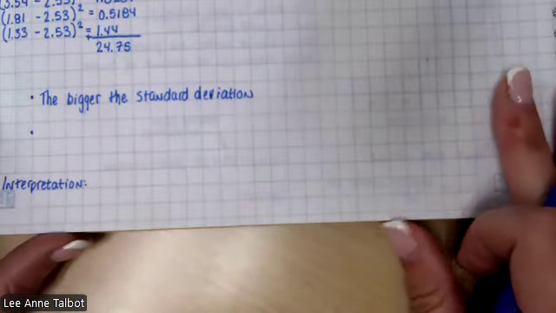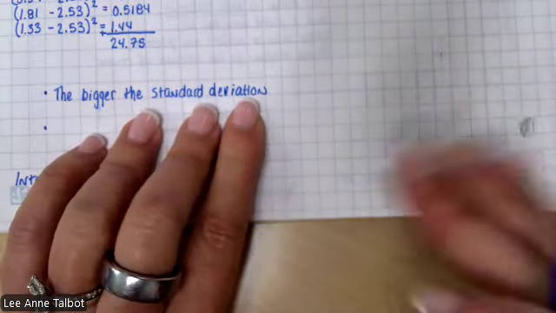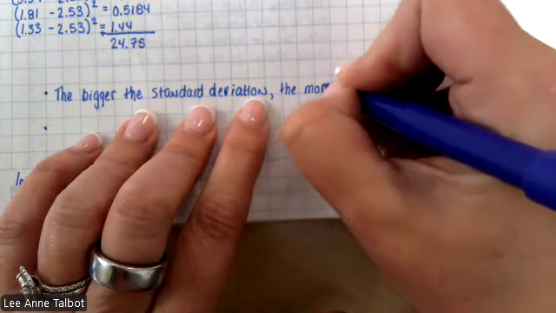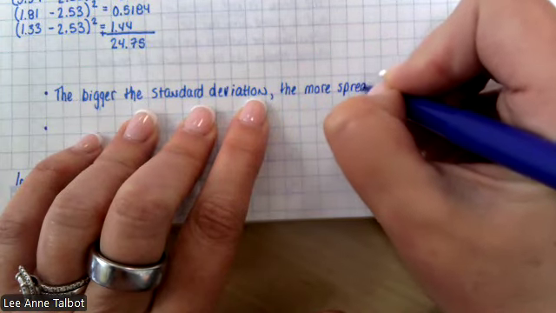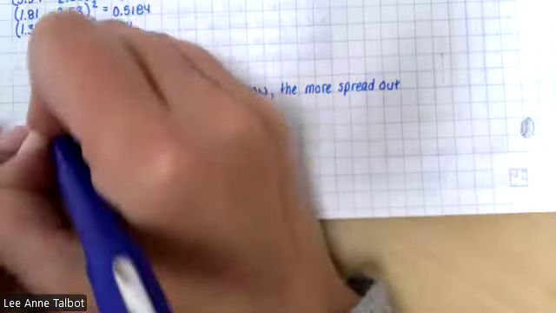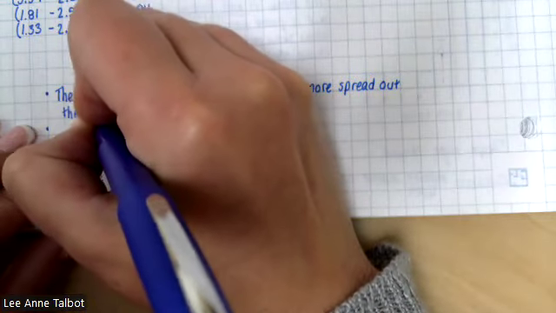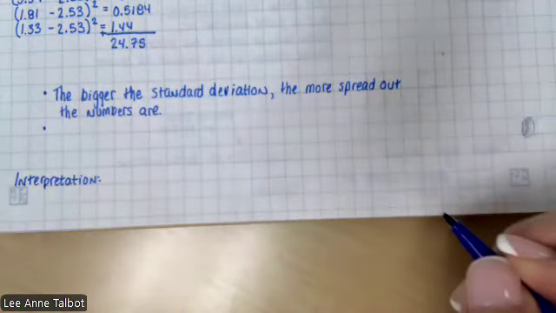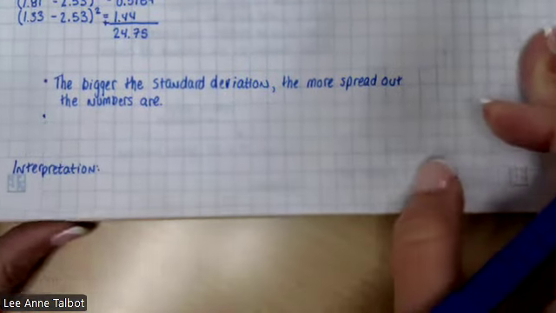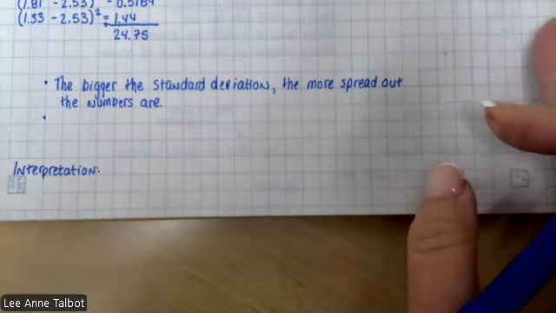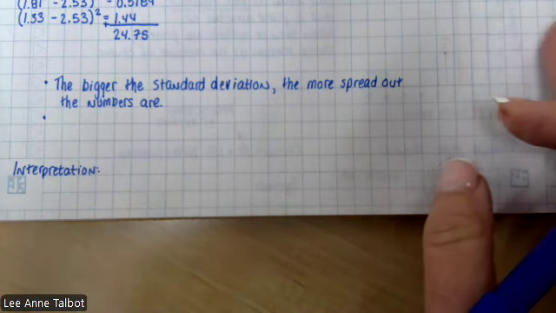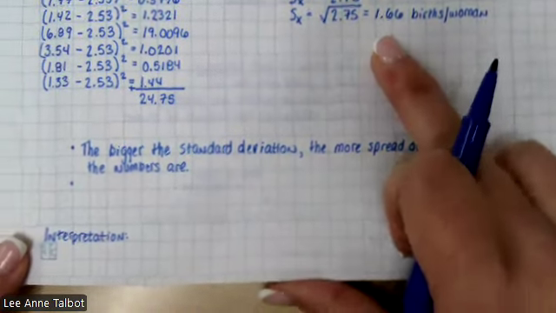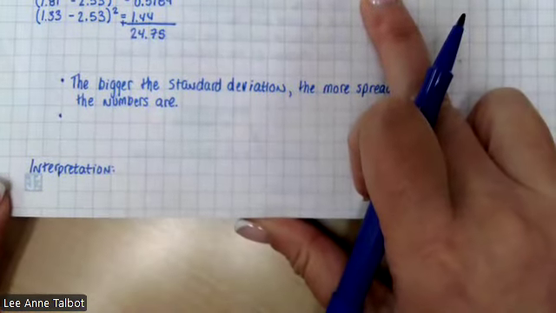So that's what we need to talk about next. First, you need to know the bigger the standard deviation, the more spread out the numbers are. Standard deviation is a measure of how far apart your data set is. Our data set goes from 1.33 to 6.89. So the standard deviation is 1.66. I'll explain what that means in a minute.